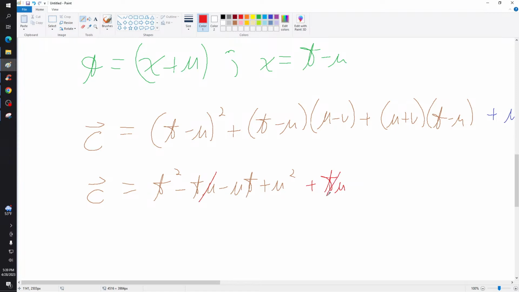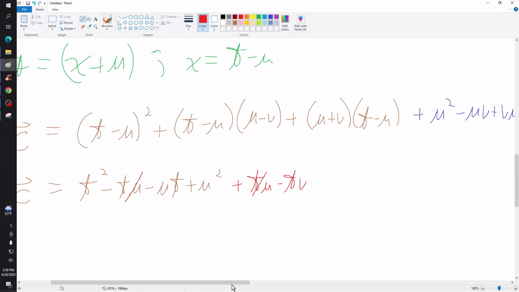Minus TV, which won't go away. What I'm going to do is leave the terms I don't know cancel out, and I'm going to put them in purple. Minus TV. Then we're going to get minus U squared.